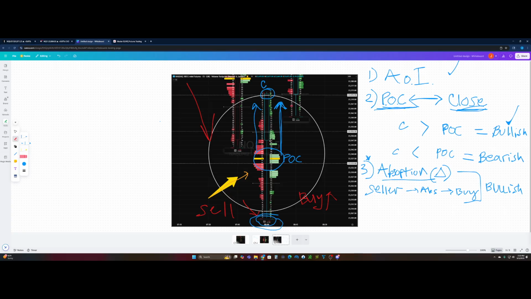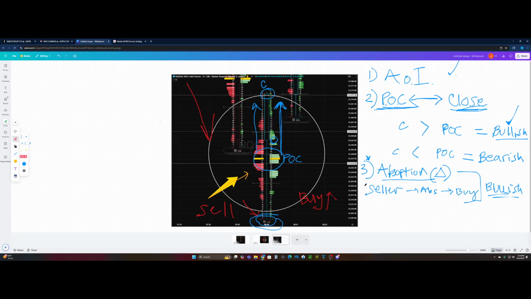The close is above the open. Opens are here. The close is above the open. It's going to be a green candle. I have my candle blue, but you know what I mean. So what does that give me? It gives me bullish. So now we have area of interest, potential reversal. We have bullishness here. We have bullishness here.